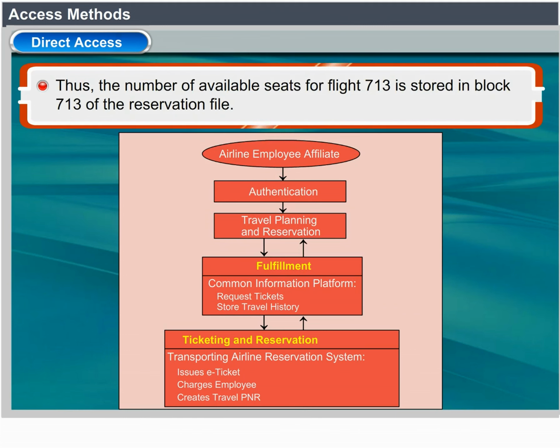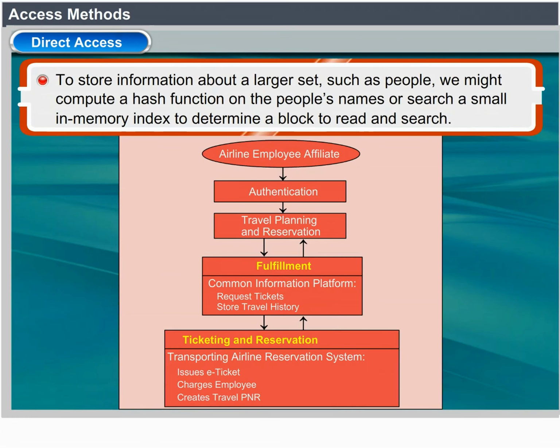Thus, the number of available seats for flight 713 is stored in block 713 of the reservation file. To store information about a larger set, such as people, we might compute a hash function on the people's names or search a small in-memory index to determine a block to read and search.